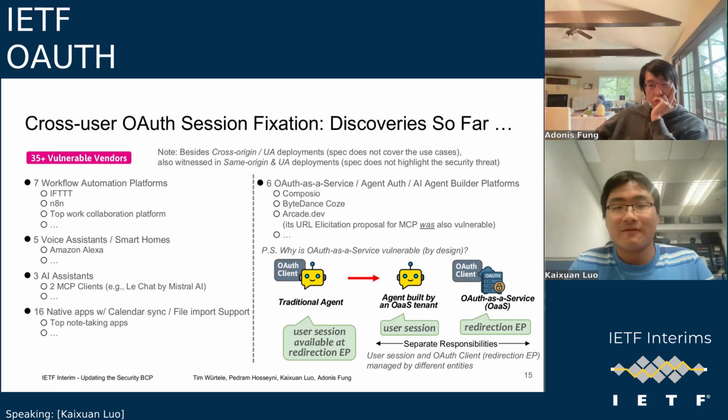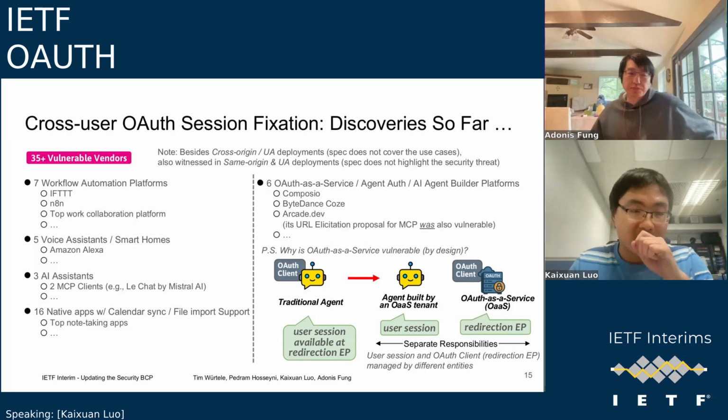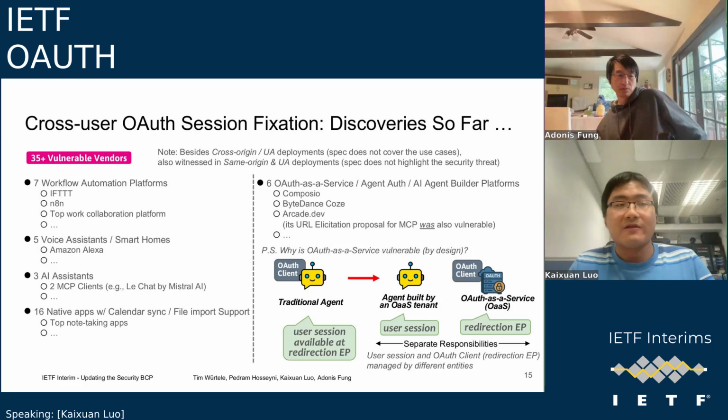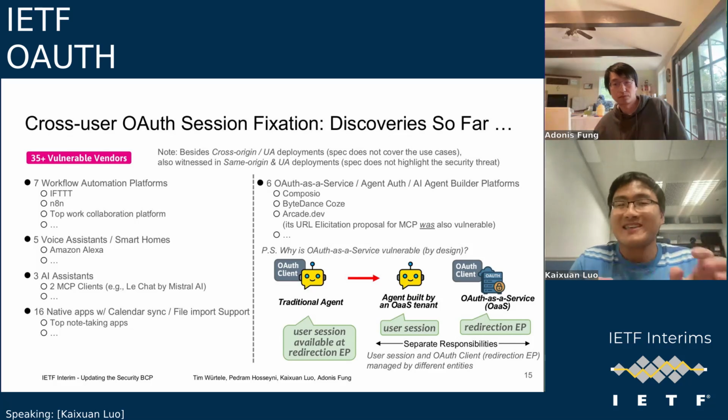Because for these platforms, for these service providers, we see this problem as an inherent issue, an issue that's there in their architecture by design. Why is it the case? Because it's not just about cross-origin or cross-user agent. It's about the separate responsibilities of OAuth deployments. The OAuth client and the client application used to be one entity, right?